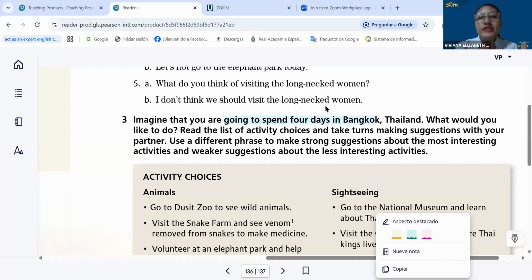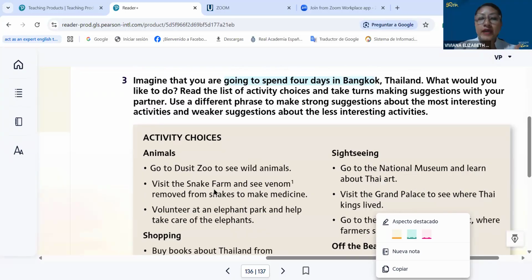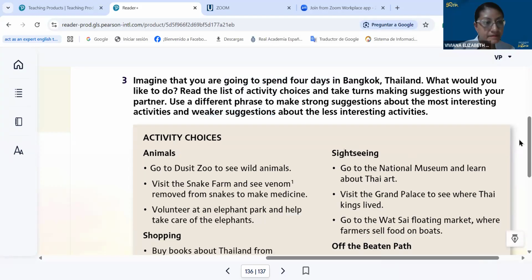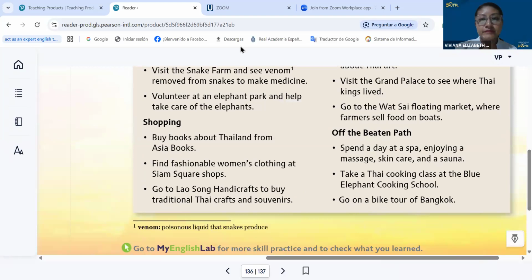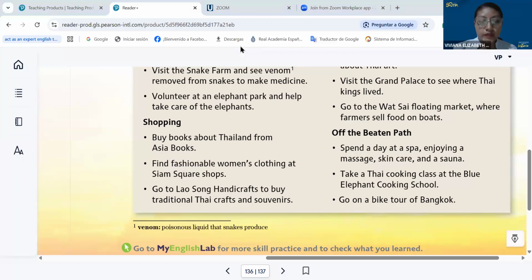In your groups, you are going to make strong suggestions with activities you consider more interesting, and weaker suggestions with the activities you consider less interesting. Is it more clear now or not? Yes, teacher. Thank you. Thank you so much.